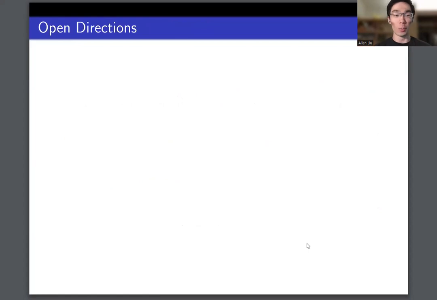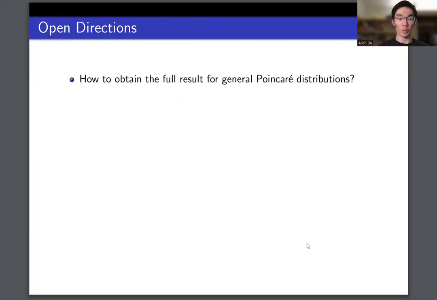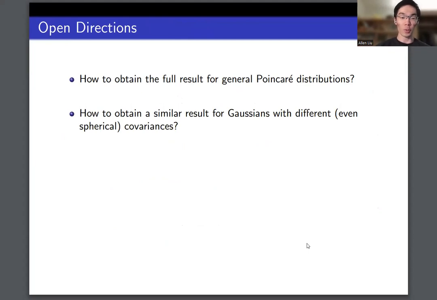So there are a few natural open directions from this work. One is naturally how do we obtain the fully general result for arbitrary Poincare distributions? Then we can also ask for mixtures of Gaussians with spherical covariances at different scales.